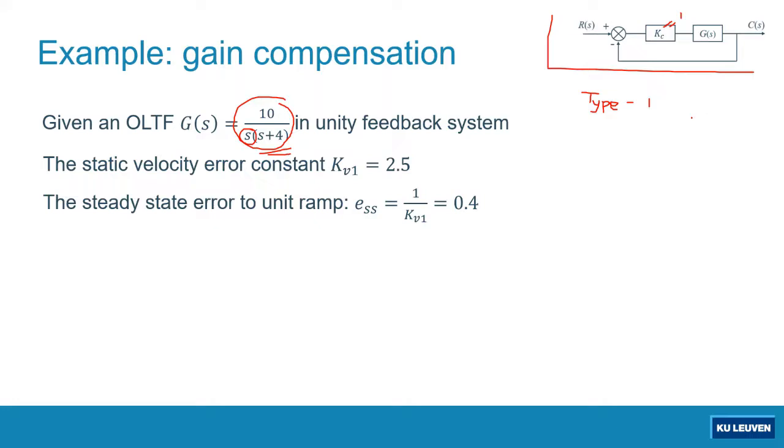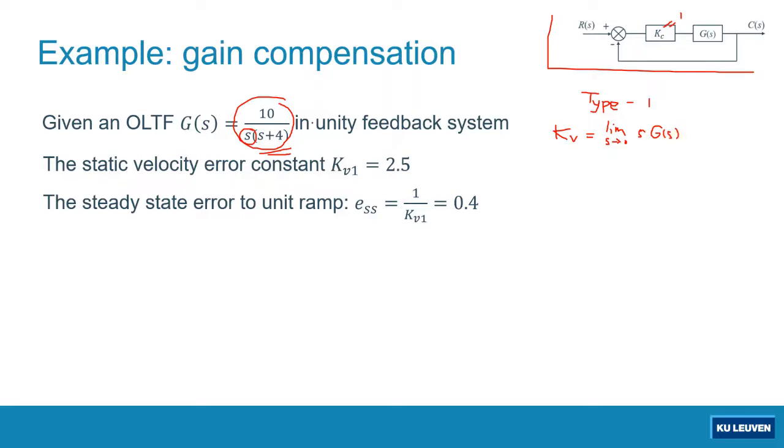If I have a type 1 system, I should be able to analyze the static velocity error constant. The static velocity error constant Kv, originally, this is the old Kv, the original Kv. Based on the formula, this should be equal to limit s to 0, right? S times the open loop transfer function. But initially, I haven't tuned the proportional gain, so the open loop transfer function is just simply equal to Gs.